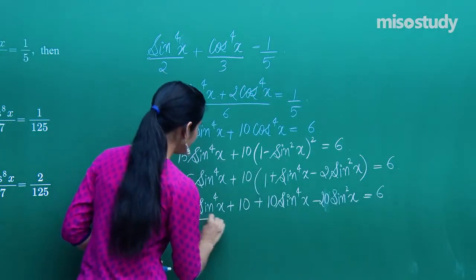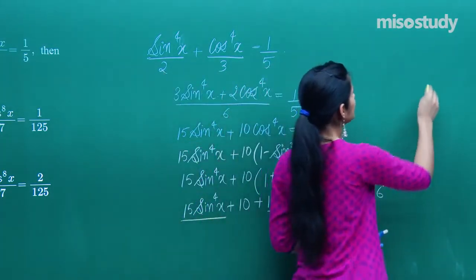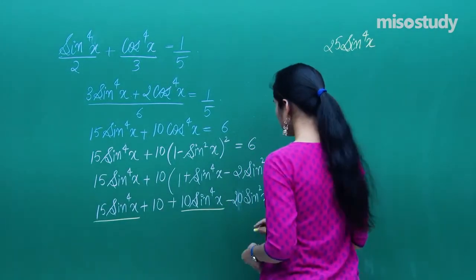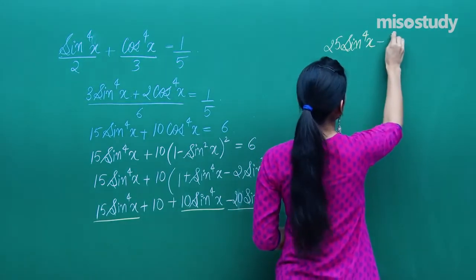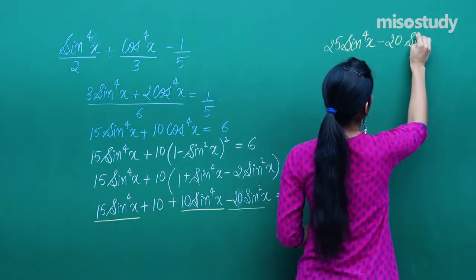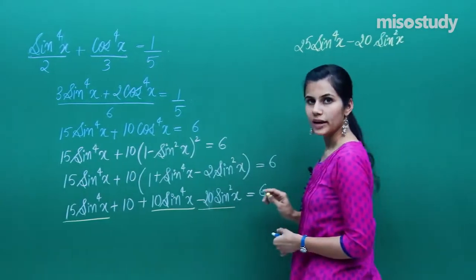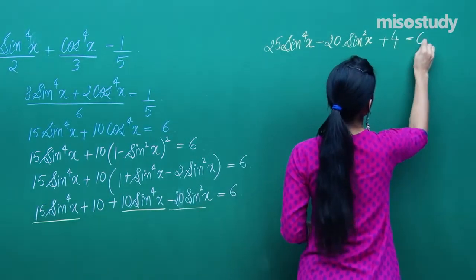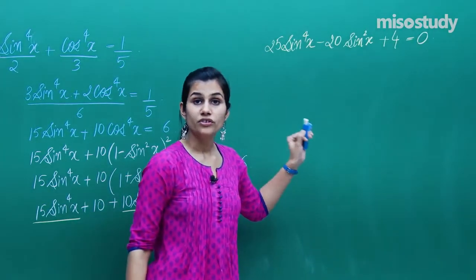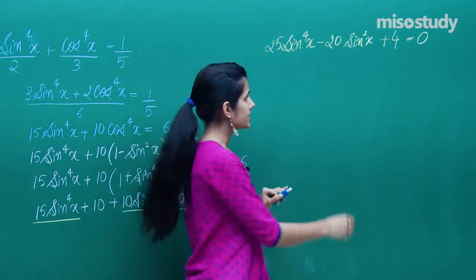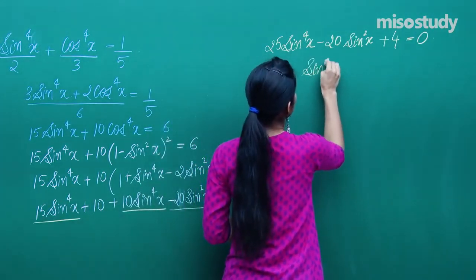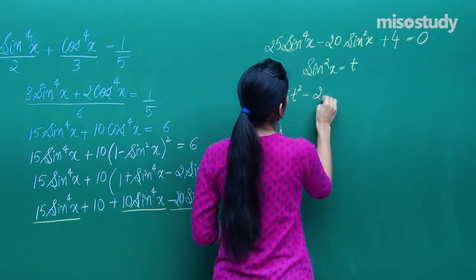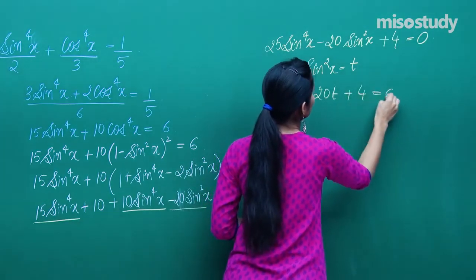This means what? Now see, 15 sine 4x plus 10 sine 4x gives you 25 sine 4x minus 20 sine square x. Then you have plus 10 minus 6, that's plus 4 equals 0. You have a quadratic equation in sine square x. Yes, because if I take sine square x equals t, what you get is 25t square minus 20t plus 4 equals 0.